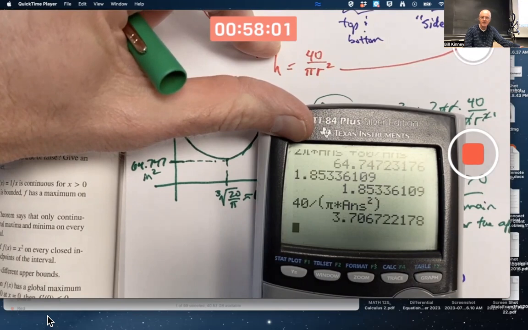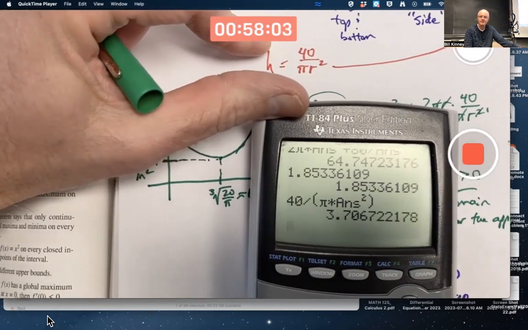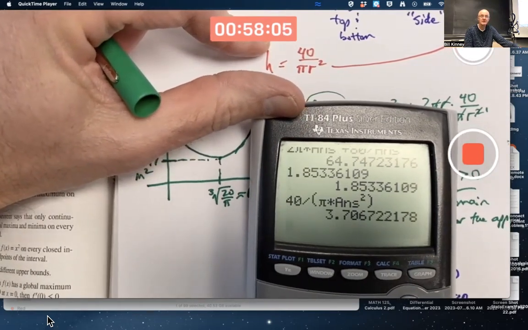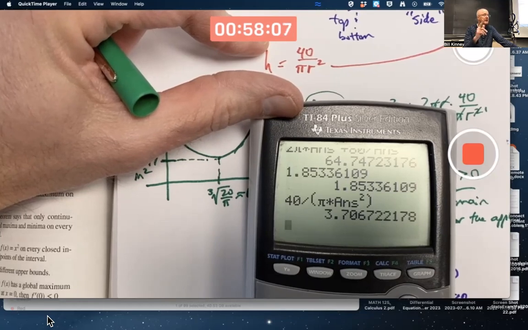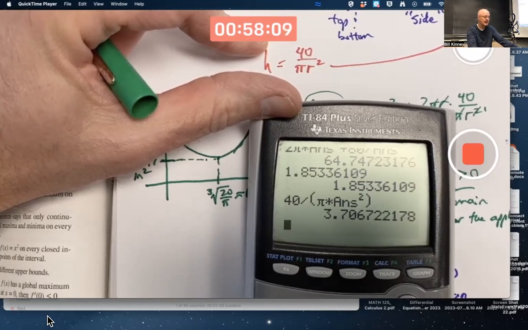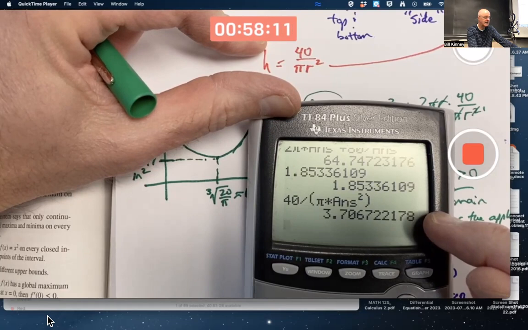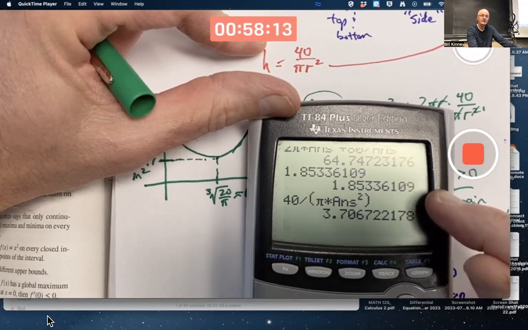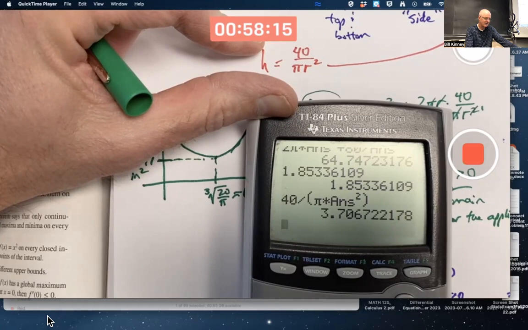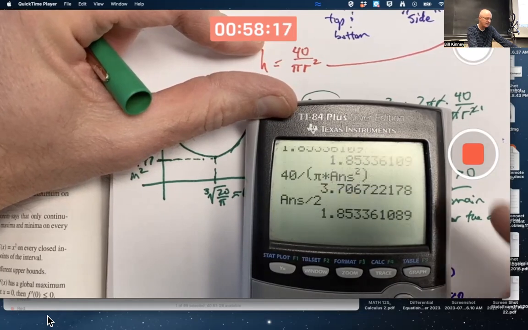Corresponding height's about 3.707 inches. I'm noticing something very interesting here. It looks like the height might be exactly twice the radius. Divide that height by 2. Oh, lo and behold, I get the radius. How about that?